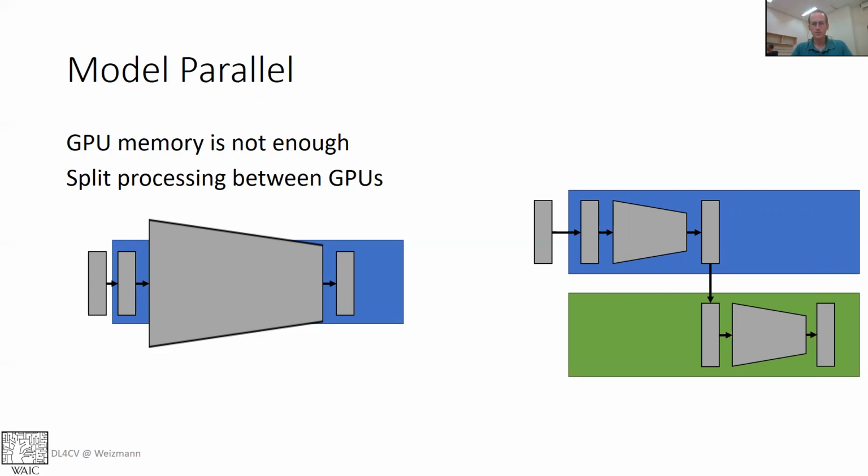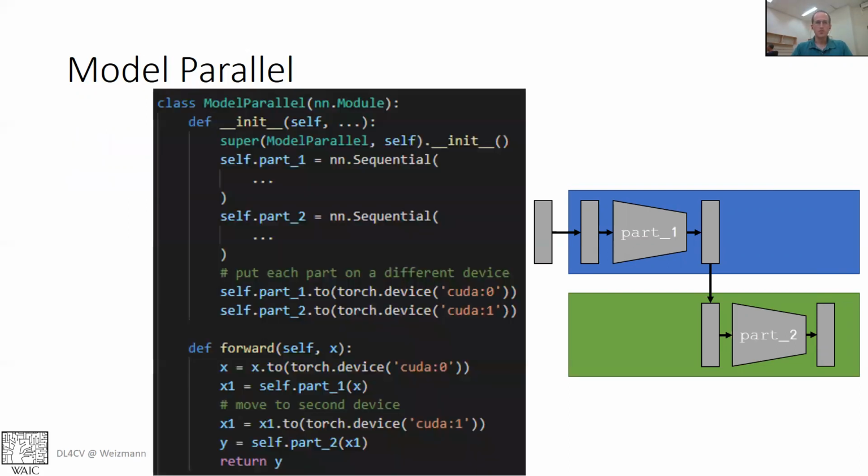And how is it done? Here's a code example. We define our model, and now we explicitly partition the model into two parts. Part one with some layers and part two with other layers. And we need to take care to move the first part into the first GPU and the second part to reside on the second GPU.